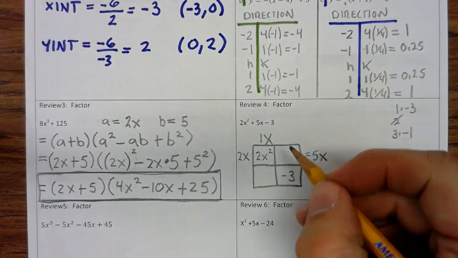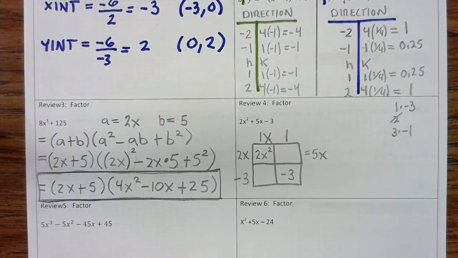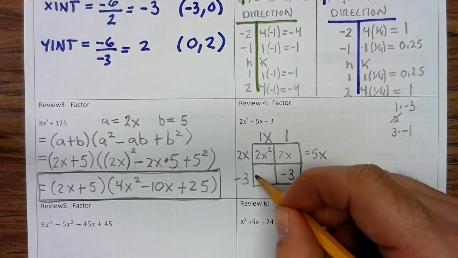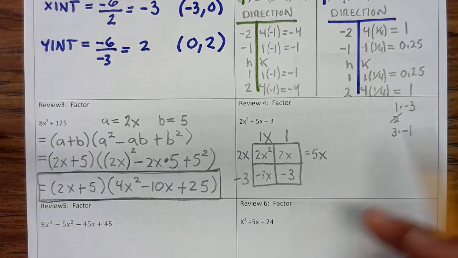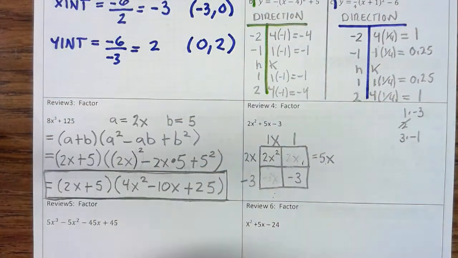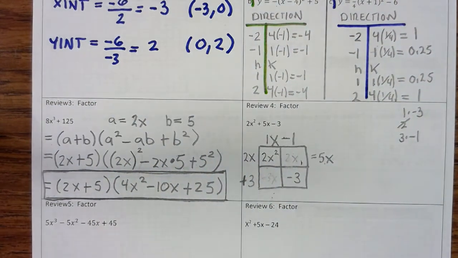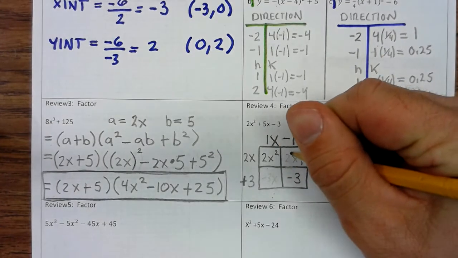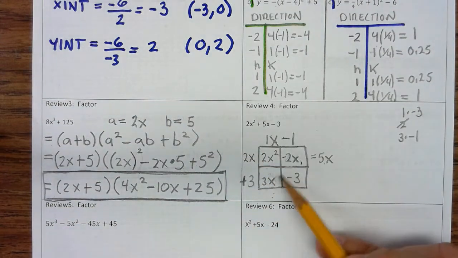Okay, so let's try 1 and negative 3. So 2x times 1 is 2x. Negative 3 times 1 is negative 3x. That does not combine to be 5x, so let's try negative 1 and a positive 3. Those are the only combinations really we have, okay? So 2x times 1 is negative 2x. 3 times x is 3x.